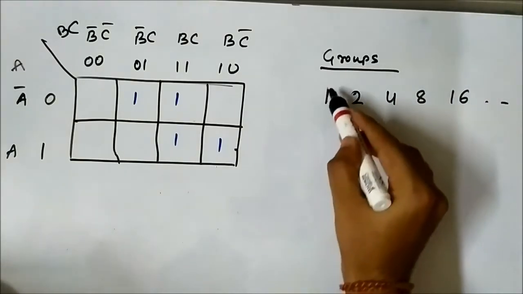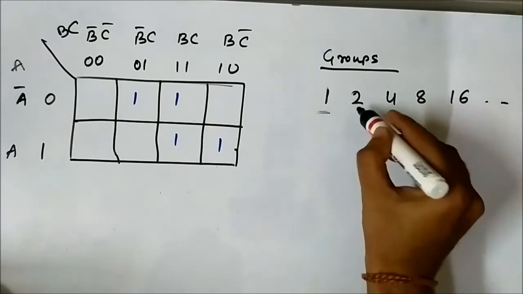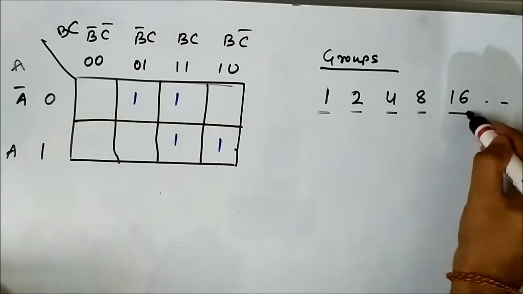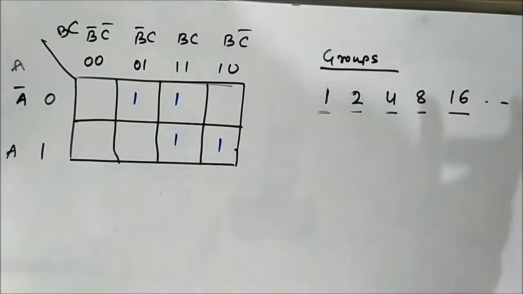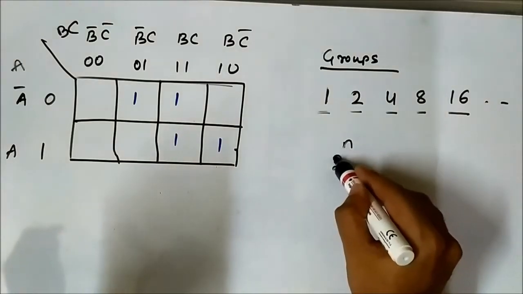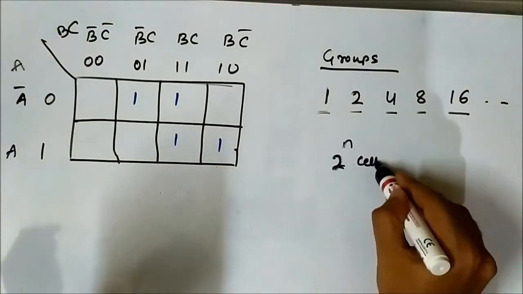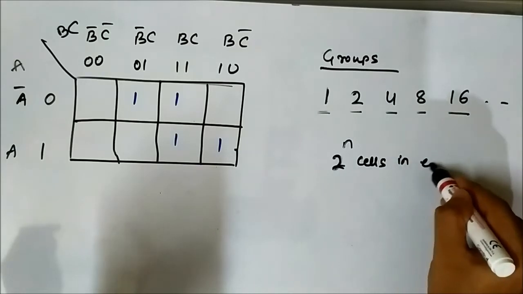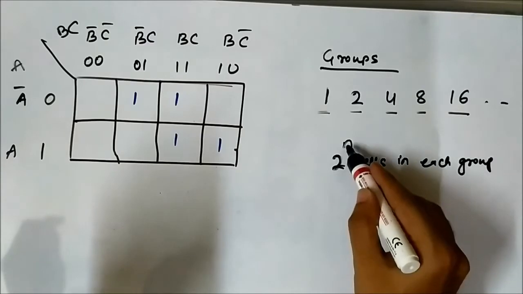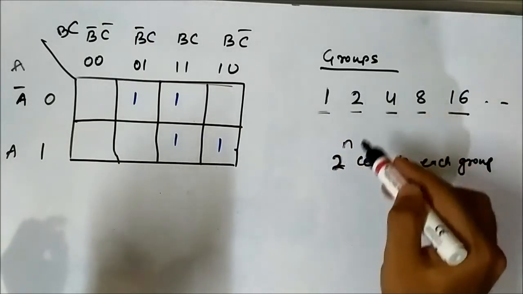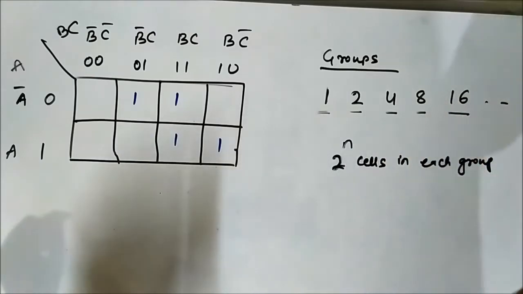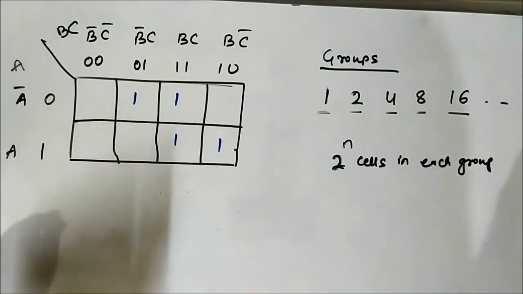In each group we can have 1 cell, 2 cells, 4 cells, 8 cells, 16 cells, meaning adjacent cells. So we can say 2 to the power n cells in each group. When n is 0 it is 1, when n is 1 it is 2, when n is 2 it is 4, when n is 3 it is 8, when n is 4 it is 16, when n is 5 it is 32, and so on.